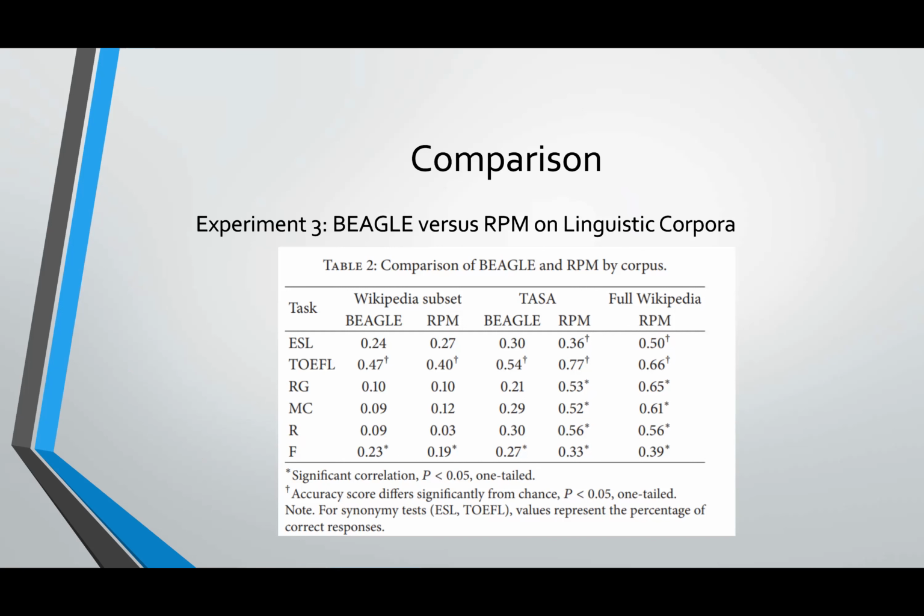Only RPM was able to scale effectively to this much larger data set. Like I mentioned before, this scalability of RPM is very, very beneficial. This result highlights a key strength of the RPM model. So this is the results they acquired from the test. Next one.